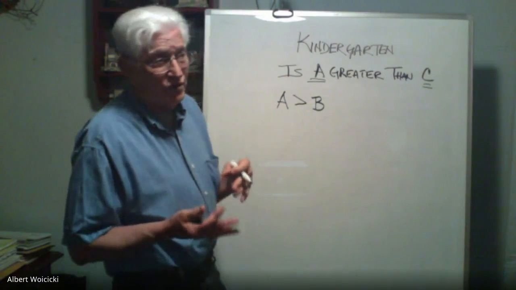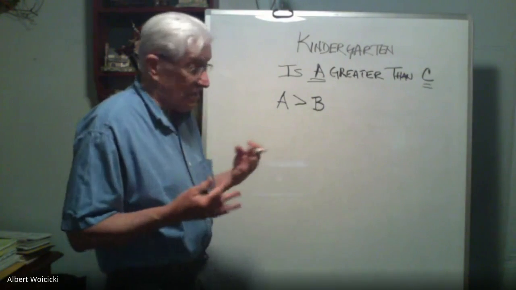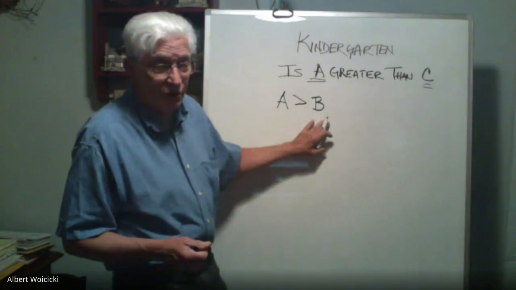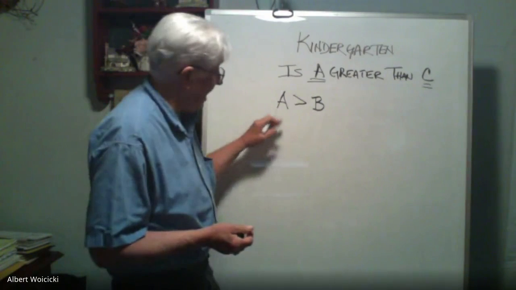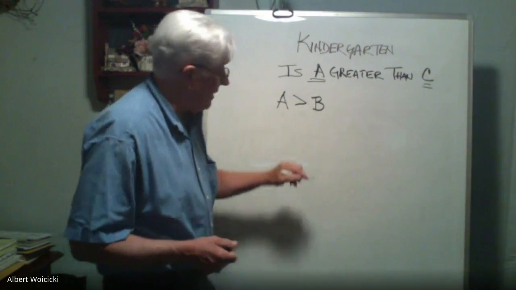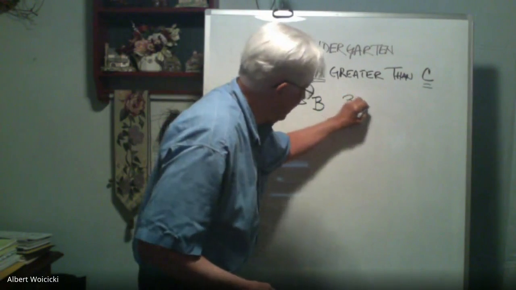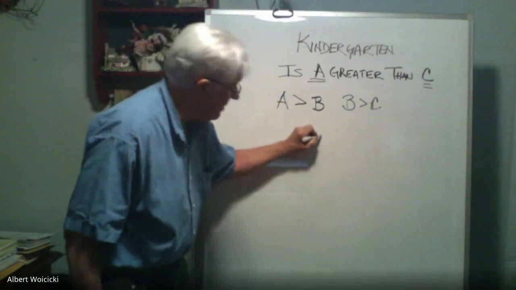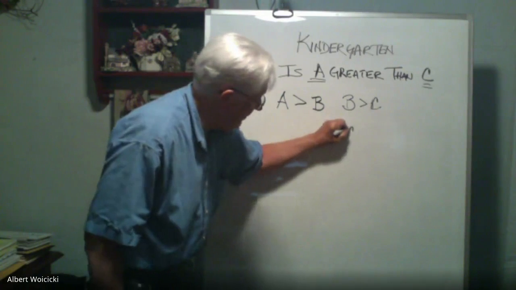The arrow points toward the little guy. So think of it like an arrow, shot by the big guy to the little guy. And then we have B is greater than C. That means that A must be greater than C.